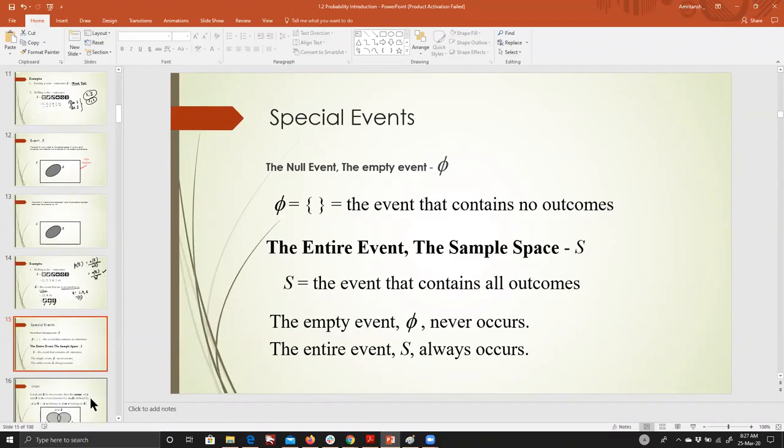Now there are special events such as the null event. What is a null event? The event that contains no outcomes. Remember, this is the difference fundamentally. Null is represented by phi.